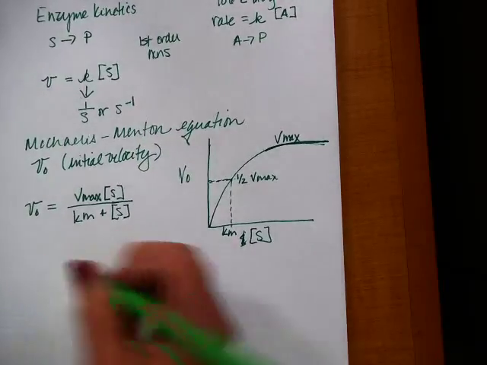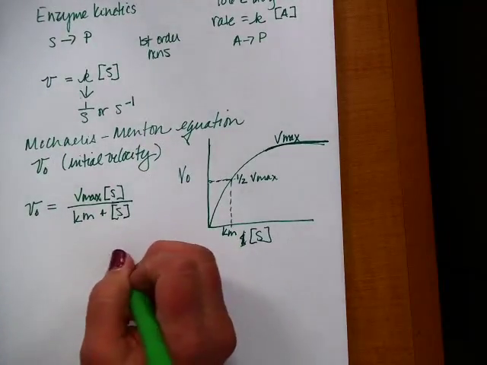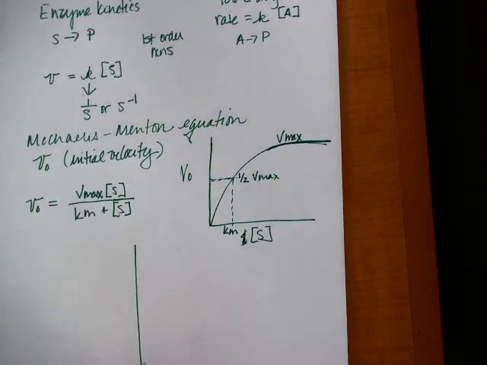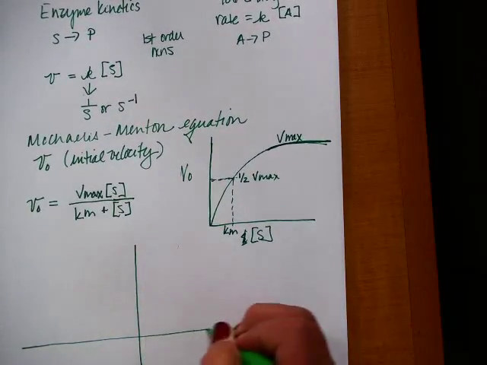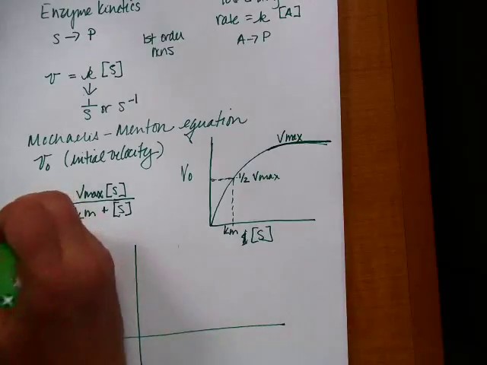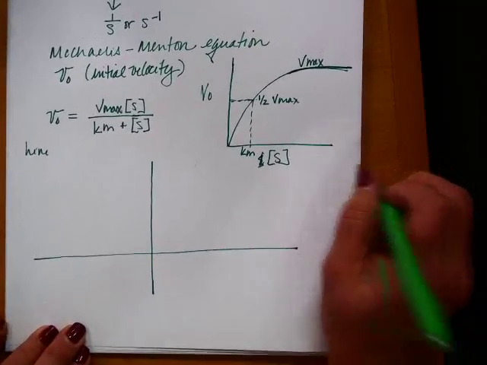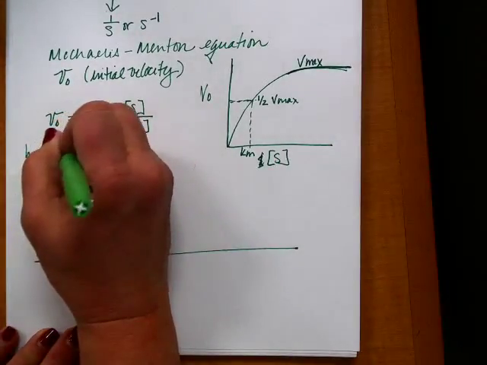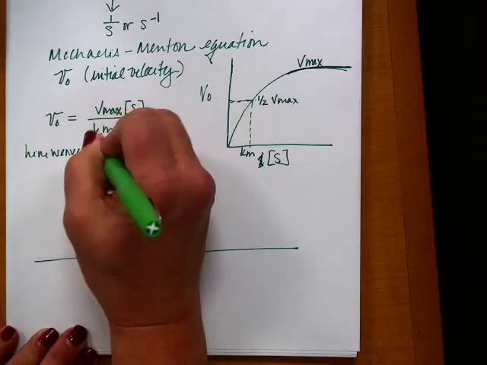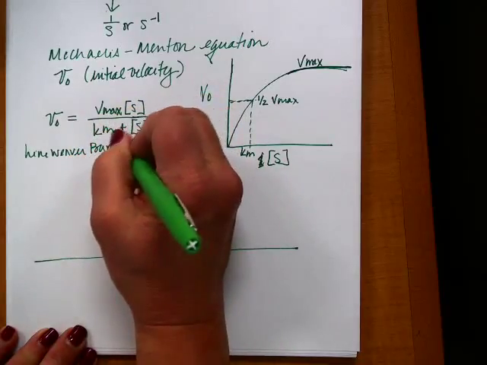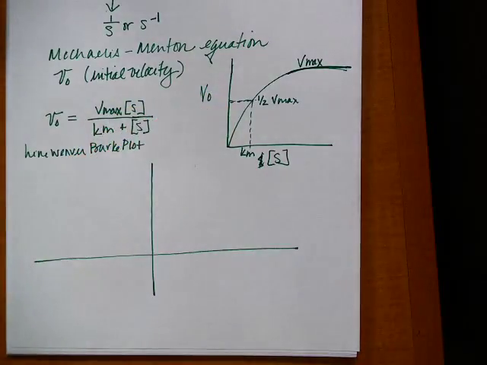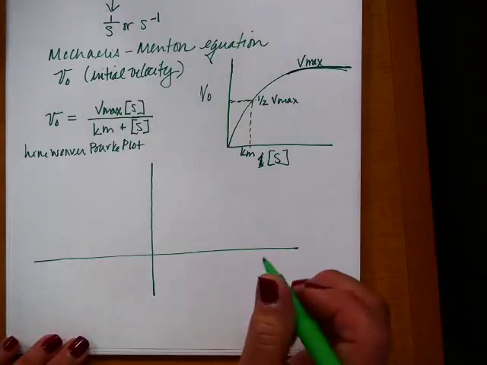Now, we can get a better view of what's going on with a Lineweaver-Burk plot. Basically, this is just a double reciprocal plot. We aren't going to work with that equation. It's not fun.